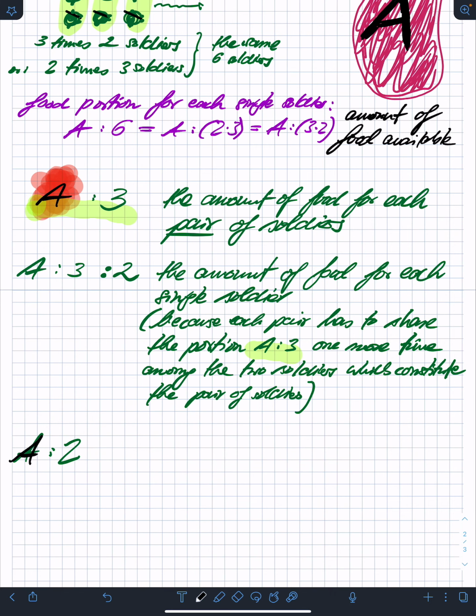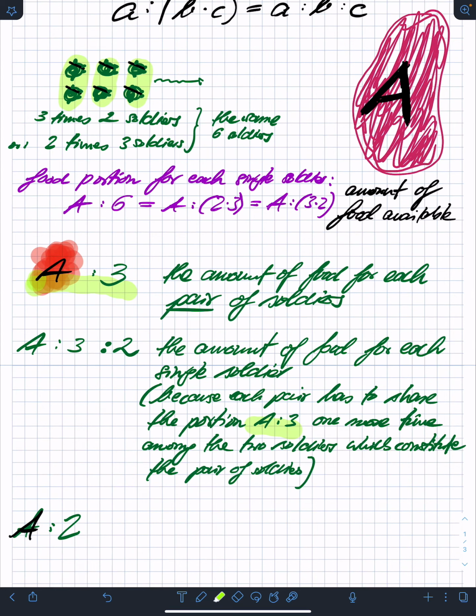A divided by 2. Then it would be that first these 3 soldiers get a portion of food, and these 3 soldiers get a portion of food, and then they have to distribute that among 3 soldiers. So first you split the thing in half, and the top one goes to this group and the lower one goes to that group.